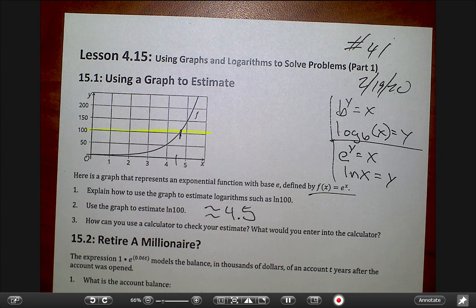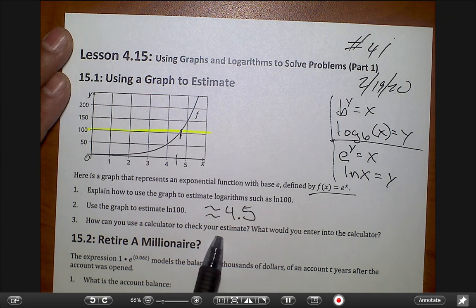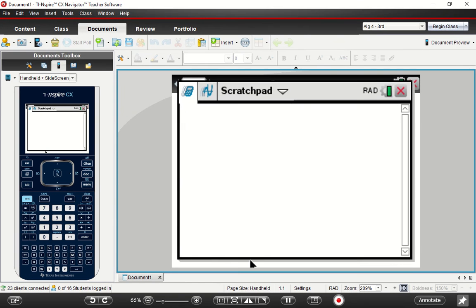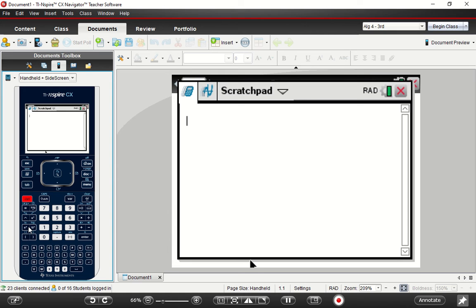All right, so how can you use a calculator to check your estimate? Let's go ahead and put it in the calculator, and I'm just going to write ln of 100. I'm going to clear mine so you guys actually see starting from the beginning. To get to my ln, I have to hit control first, so it's control e to the x. There's my ln.